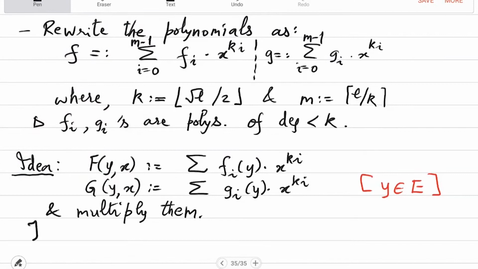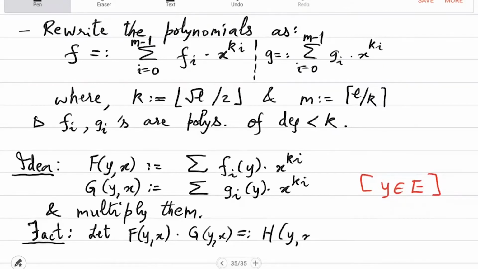So at this point, one fact is that there is no information loss. So if you take the product over E, you multiply them and call it big H. This is happening in E[x]. So from big H, can you recover small h, the actual product f(x) times g(x)? How do you recover small h from big H?